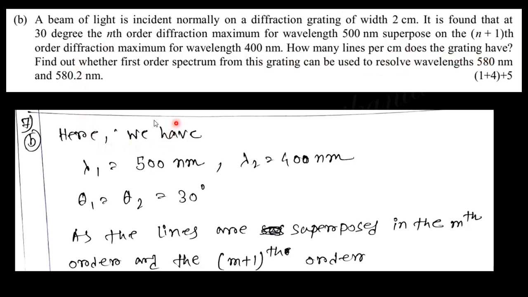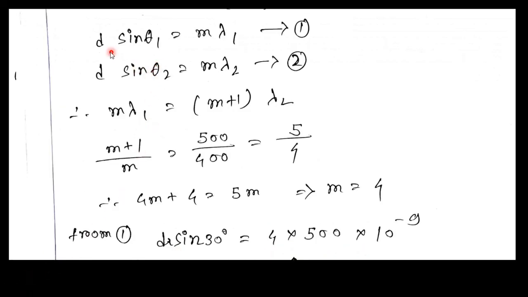Here lambda 1 equals 500, lambda 2 equals 400, and theta 1 and theta 2 are both 30 degree. As the lines are superimposed, the mth order of lambda 1 and the m plus 1th order of lambda 2 coincide.